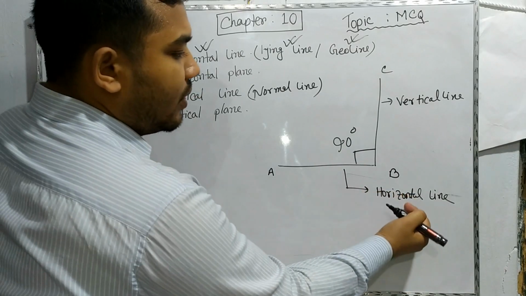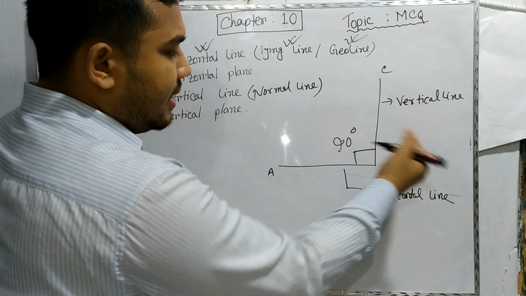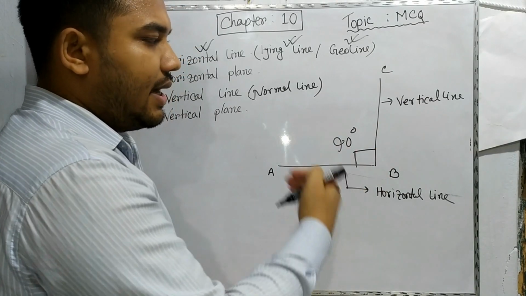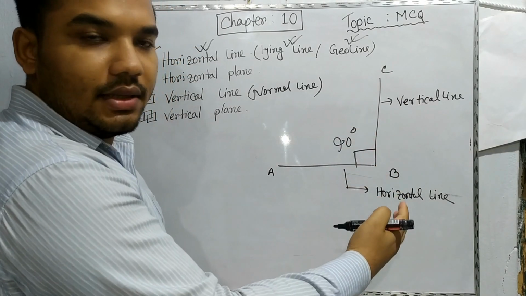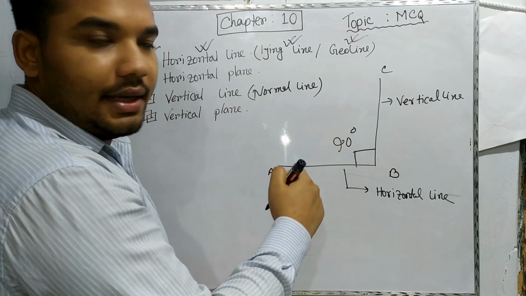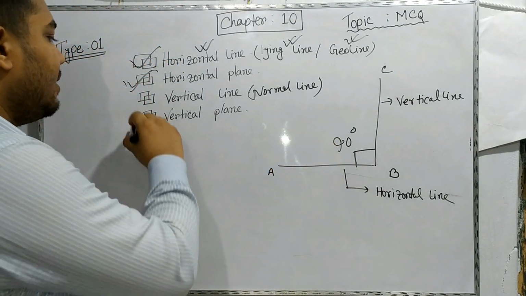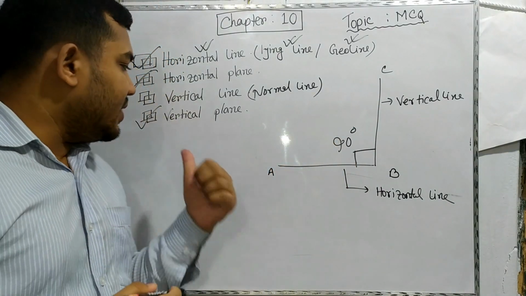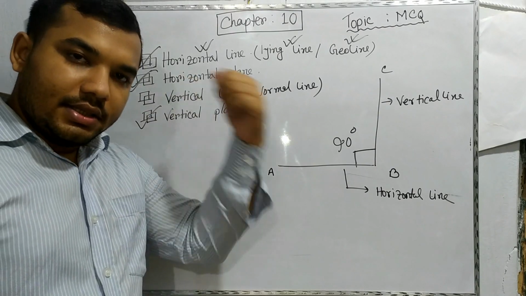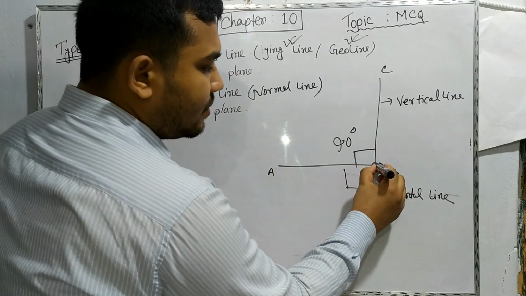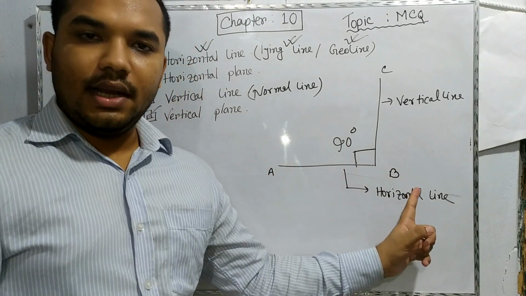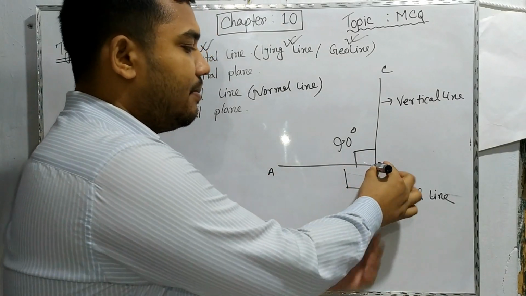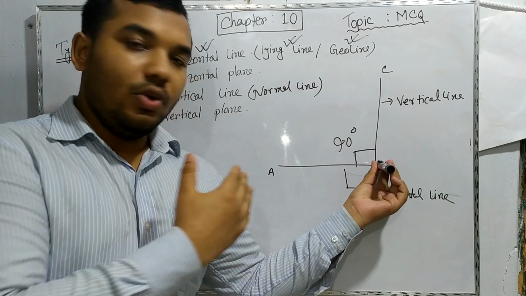Okay, now horizontal line and vertical line, they are at a right angle, or they create 90 degrees. So what about the vertical plane? This is the very interesting type in this chapter, vertical plane. So that was our horizontal line and this is our vertical line. Okay, look carefully.